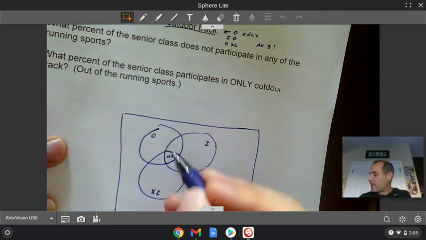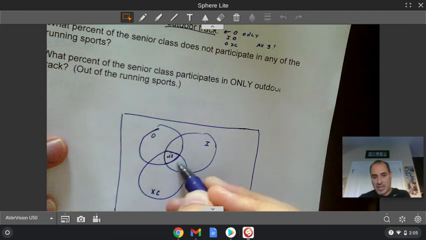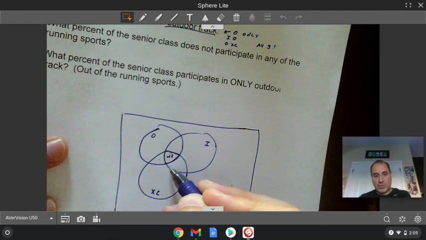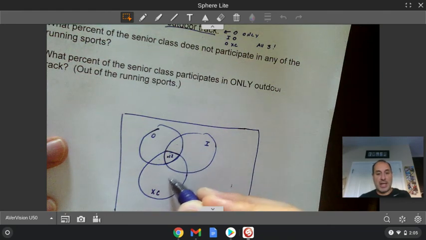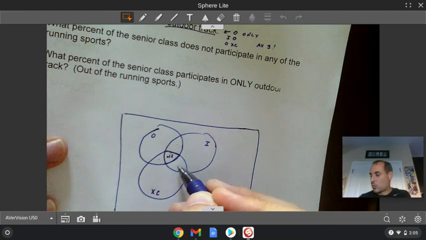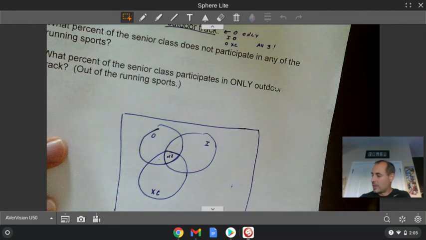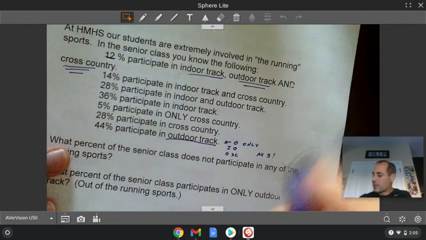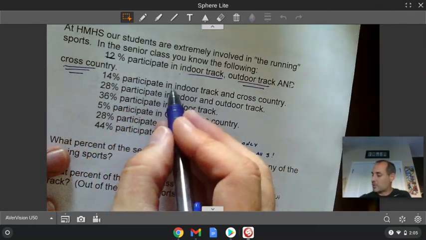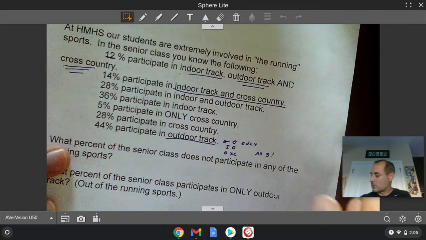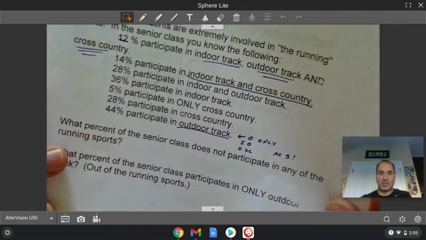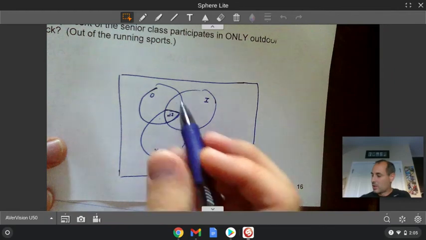Okay. And now I've got these sections. Who's this? This section right here are the students that participate in indoor track and cross country, but not outdoor track. If I go up here, I know 14% participate in indoor and cross country.